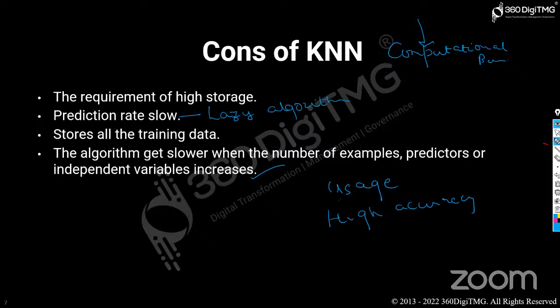In that kind of application, we can use KNN. So the applications that require high accuracy, but do not require a human readable model. The quality of the prediction depends upon your distance measure.